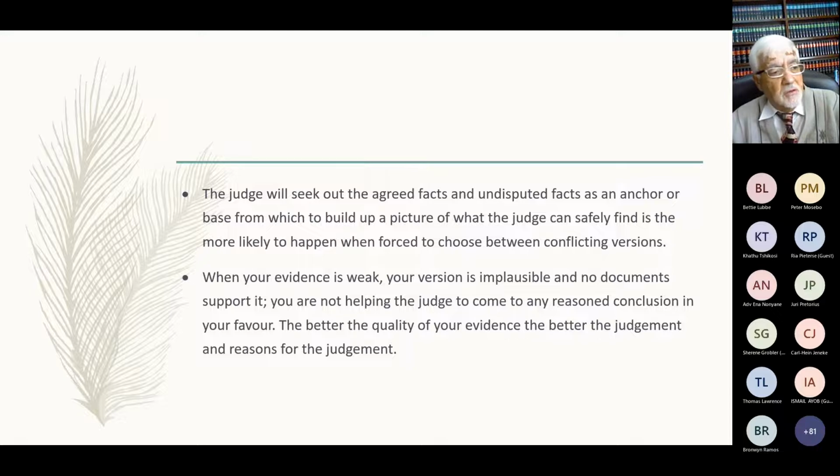The judge will seek out the agreed facts and the undisputed facts as an anchor or base from which to build a picture of what the judge can safely find is what is likely to have happened. Now, what happens with a judge in a trial is that the judge is faced with conflicting versions, plaintiff's version, defendant's version. What does the judge do? The judge has to resolve that dispute first.